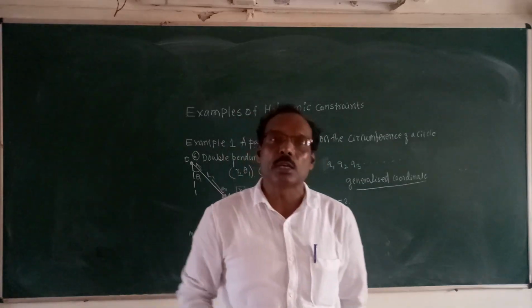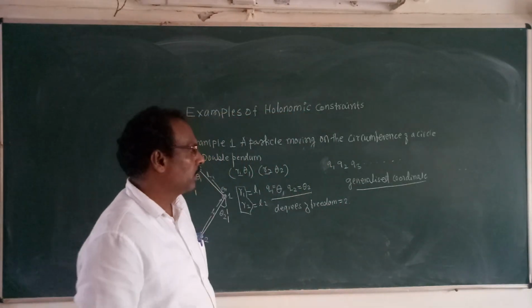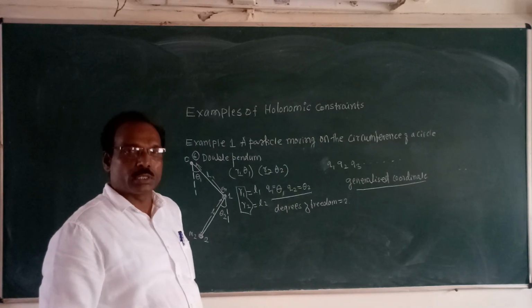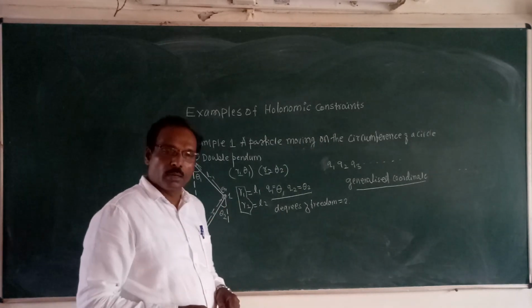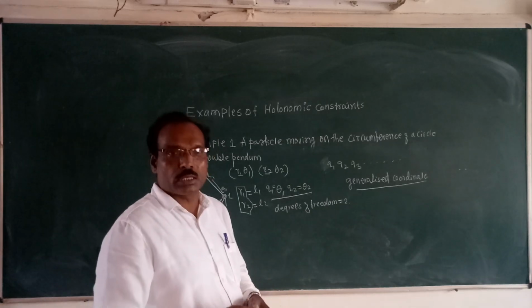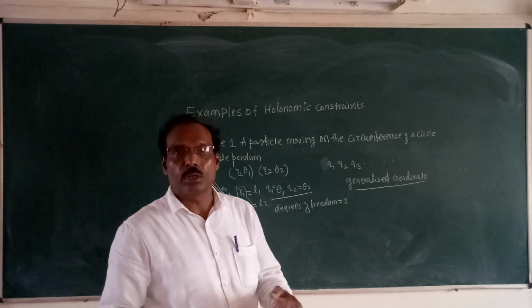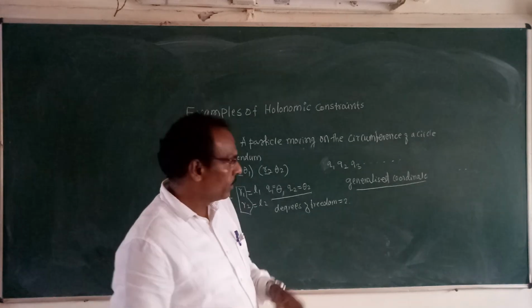We are going to write the equation of motion of a system, maybe a simple pendulum, maybe Atwood's machine, maybe Newton's second law, F is equal to m into a.